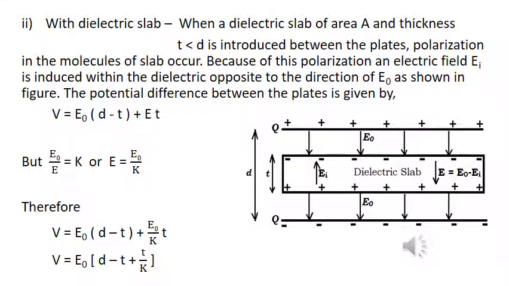By putting the value of E in this equation of potential, we get V is equal to E naught into (d minus t) plus E naught by K into t. E naught has been taken common from the expression, so V is equal to E naught into (d minus t plus t by K).